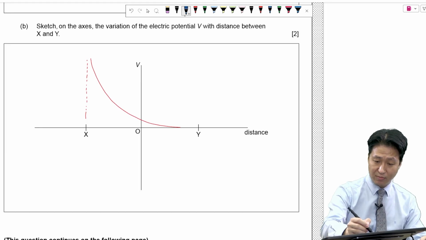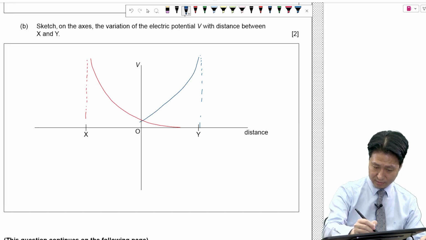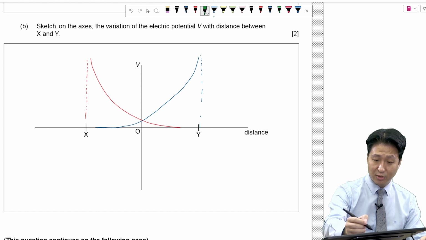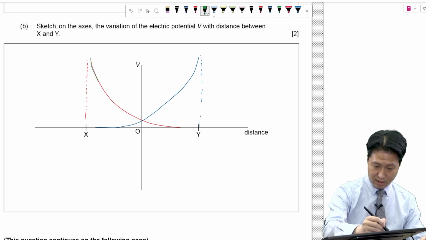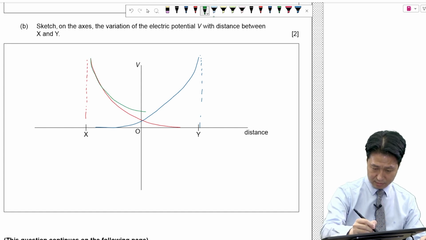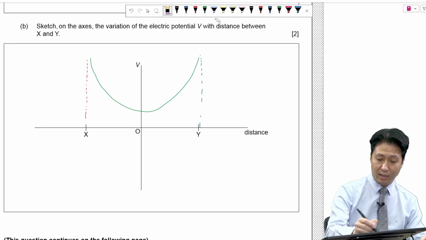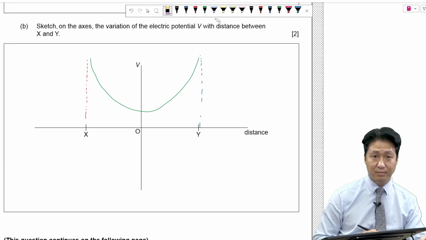For Y, it would be the same thing, kind of going the same way. And the sum of this would just look like that. Kind of like U-shaped. So this is what the sum would look like.